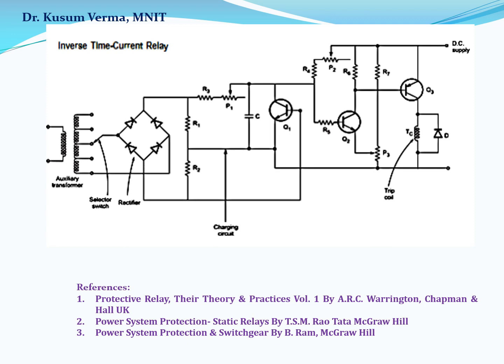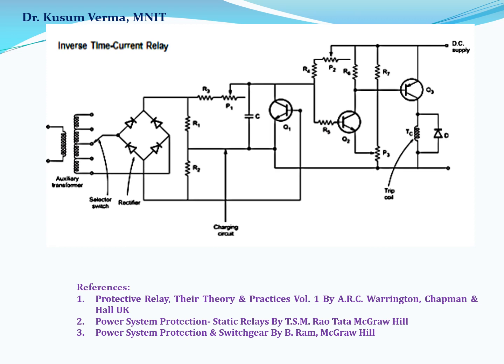When the fault current exceeds the pickup value set by the potentiometer P2 and the selector switch, then the transistor Q1 is off. The capacitor C starts charging through R3 and P1 by the voltage developed across R1. This charging time varies as per the severity of the fault. More severe is the fault, more will be the voltage developed across R1 and less is the time for charging capacitor C to a critical level.